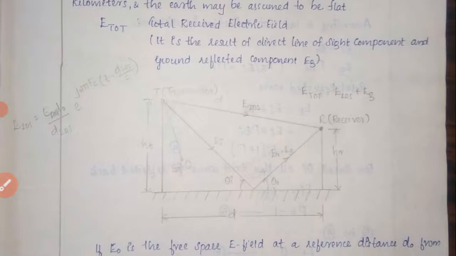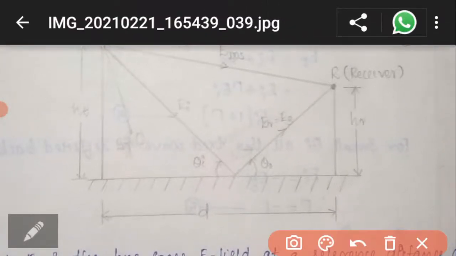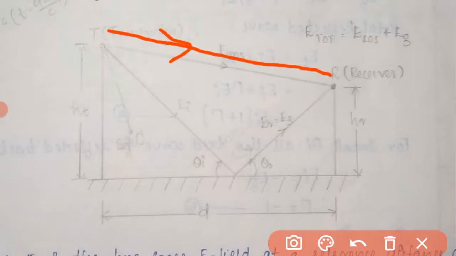Now in this diagram, we can see the height of the transmitter, that is from the ground to T. Then from the ground to the receiving antenna, that is the height of the receiver. From the transmitter to the receiver, there is a direct line of sight path.